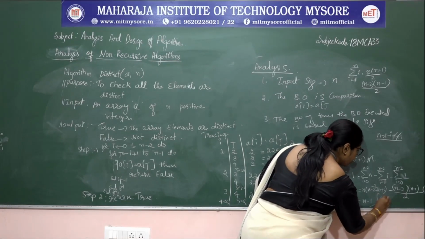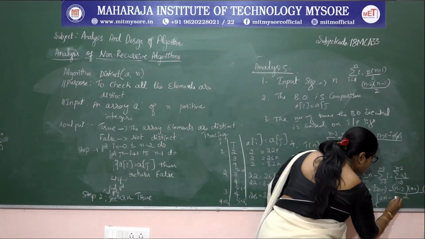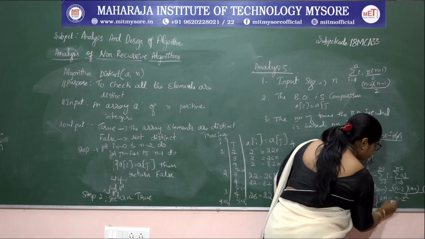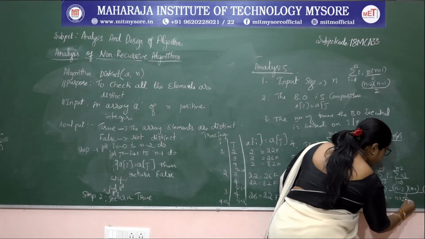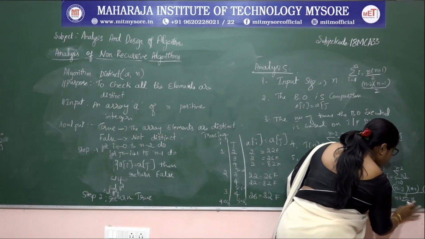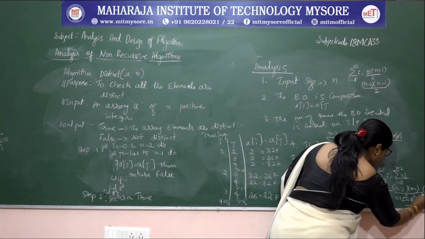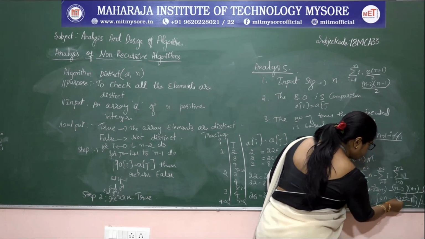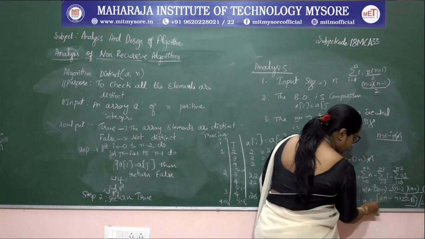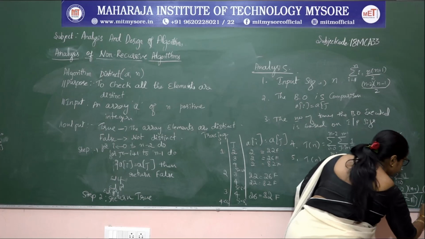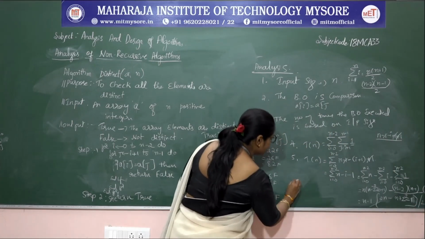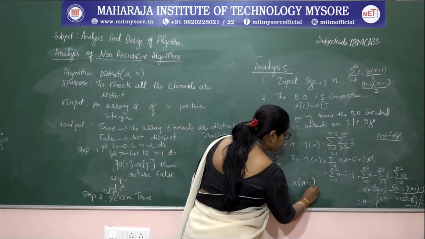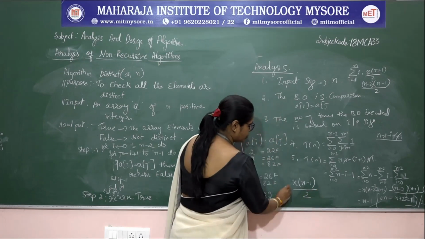2 into n is 2n minus n minus 2, minus into minus is plus, sorry, this is 1, divided by 2. So, here 2n minus n is n. So, this will be equivalent to n into n minus 1 divided by 2.